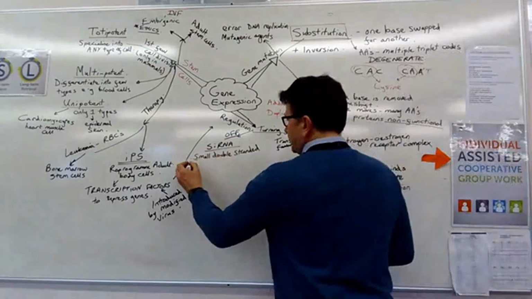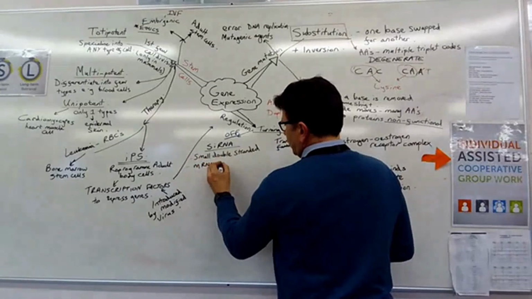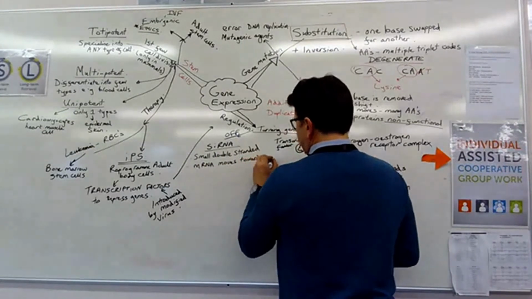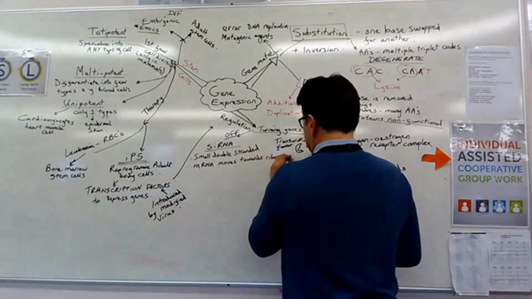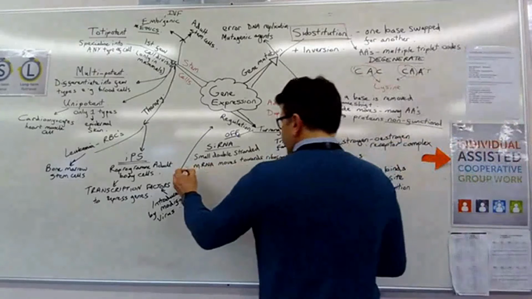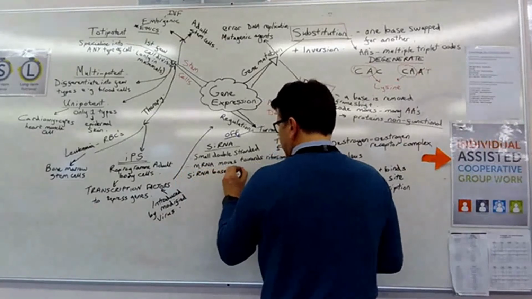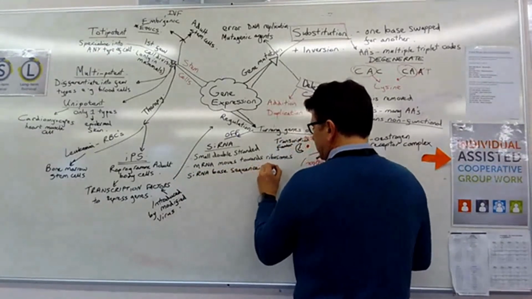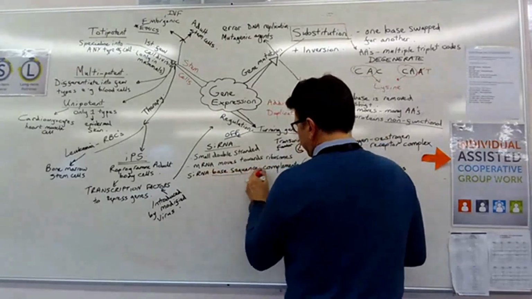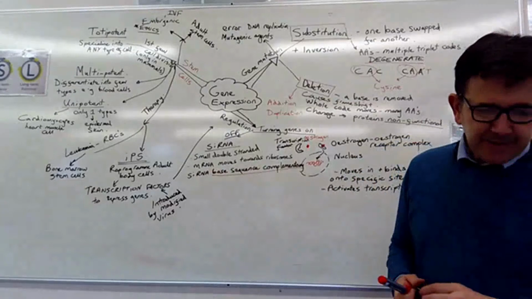Okay, so what happens is the mRNA, once it's been transcribed, it moves towards the ribosomes. When it's moving towards ribosomes, something happens to it. So siRNA has a base sequence that's complementary. Try to use those words: base sequence that is complementary. And therefore it binds onto the mRNA.